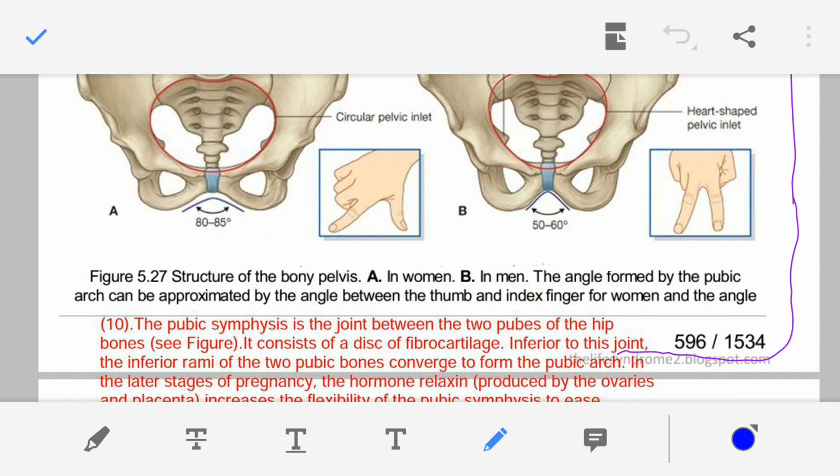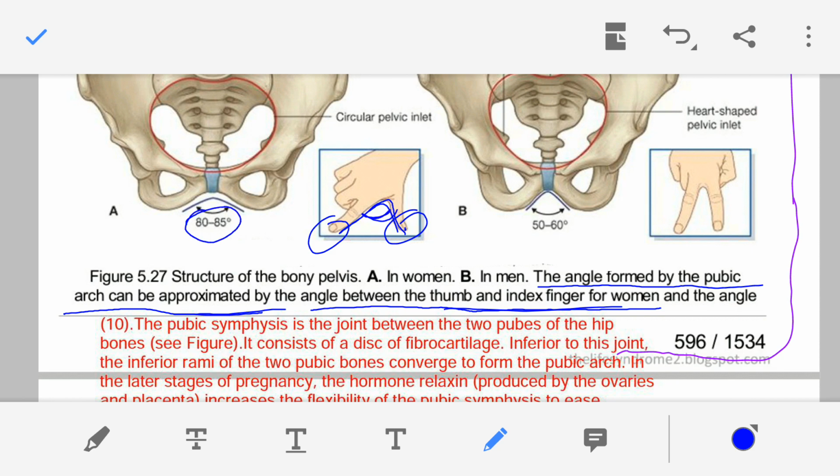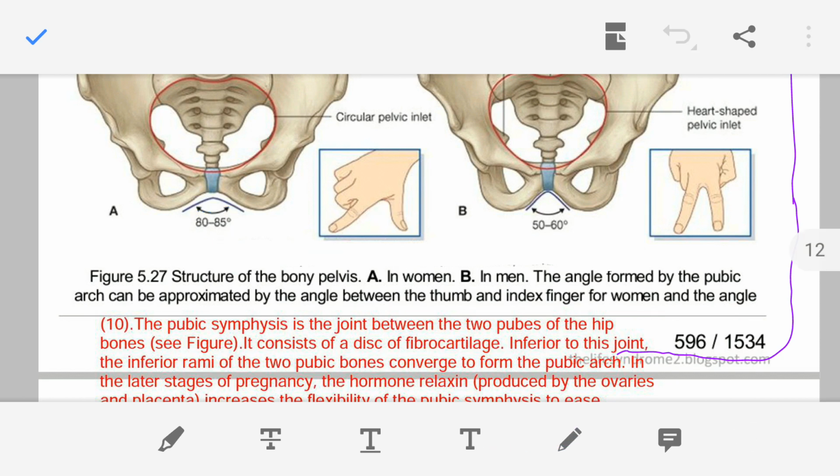As you can see, the angle formed by the pubic arch in a woman is approximately the angle between the thumb and index finger. So this is the thumb, this is the index finger, and the angle between the thumb and the index finger is approximately 80 to 85 degrees.